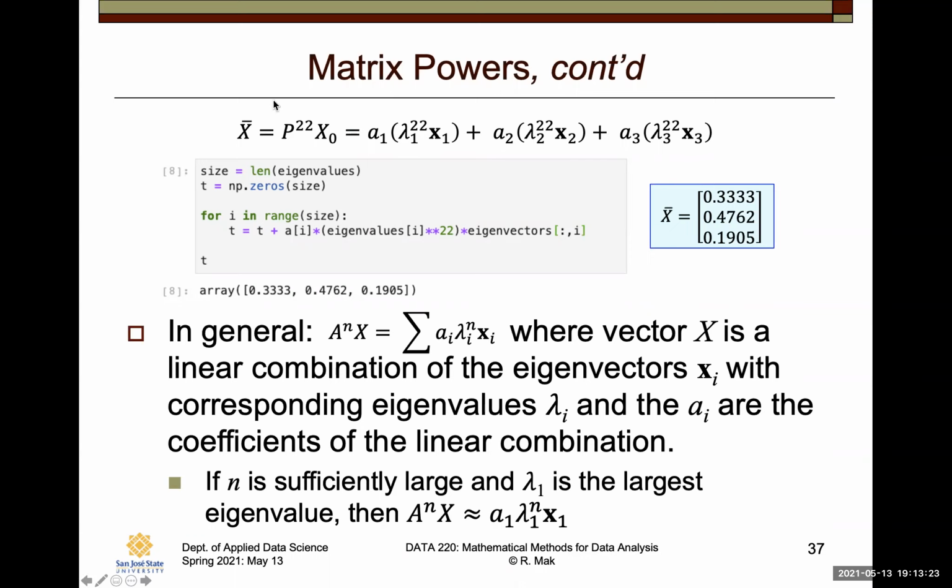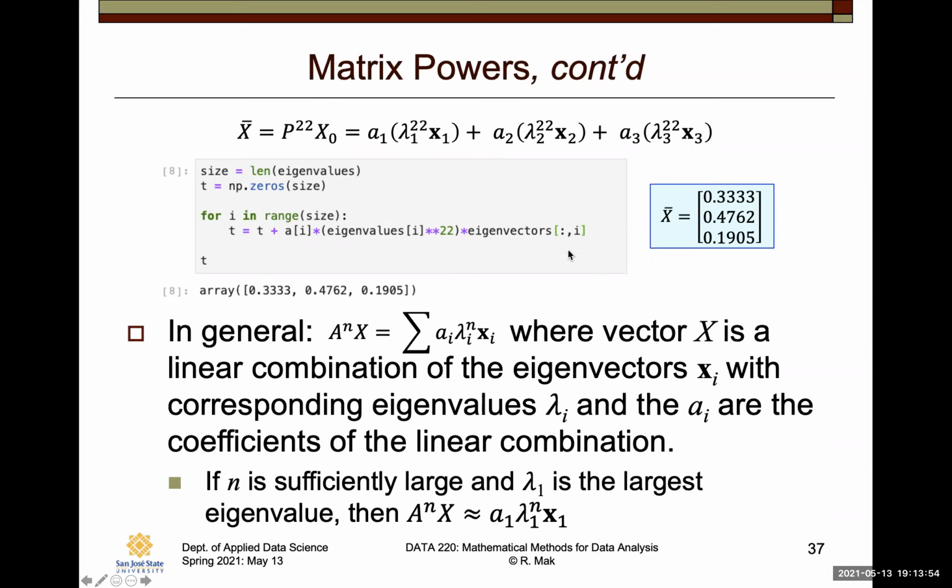And so we have a lot less chance of accumulating round off errors by raising each of the eigenvalues, each of which is a scalar, to the 22nd power, as opposed to multiplying this entire matrix by itself 22 times. Here I am doing that, and you know that in Python, star star is raising to a power.